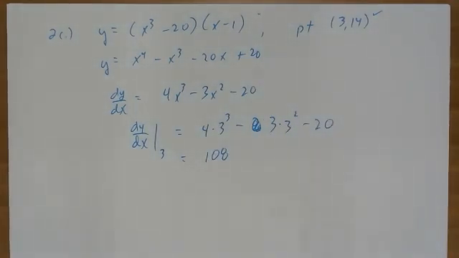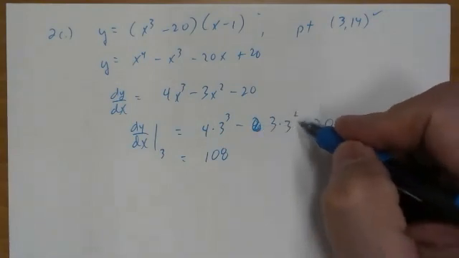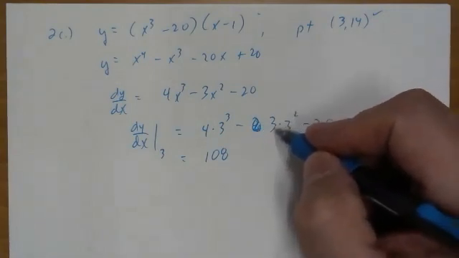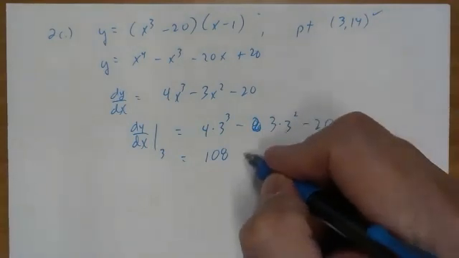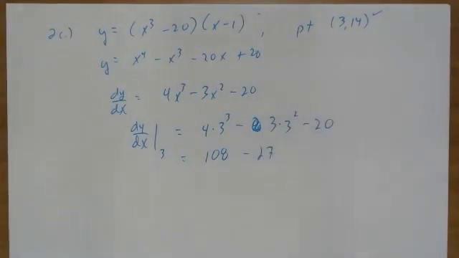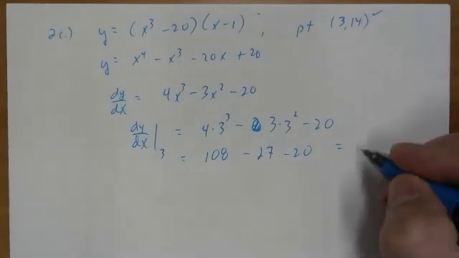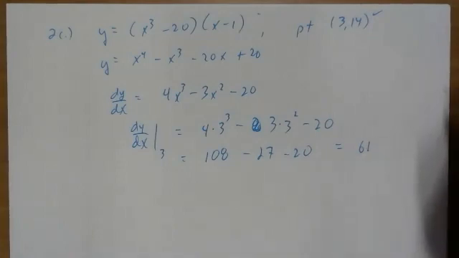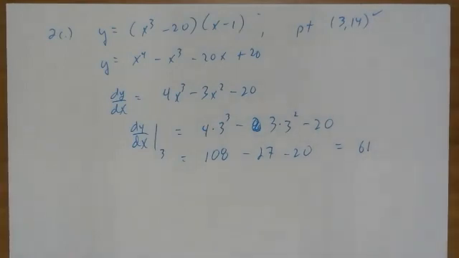But I better check. 27 times 4, 108, that's good. 3 squared is 9, 9 times 3 is 27. Minus 20. So it's 108 minus 47, like 61.